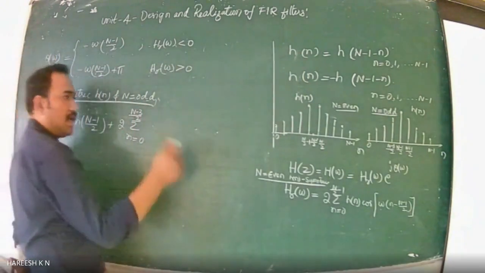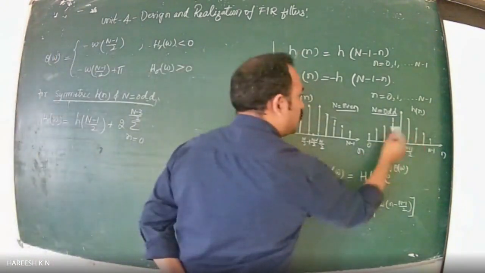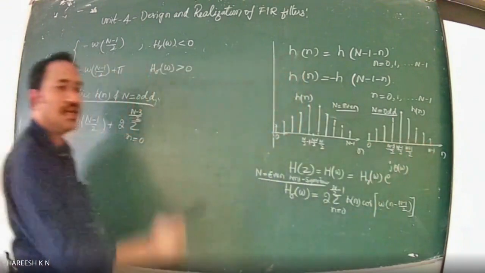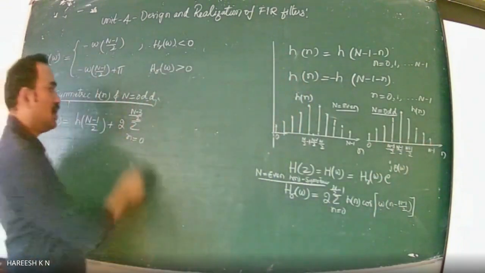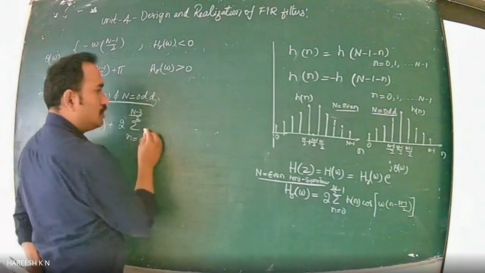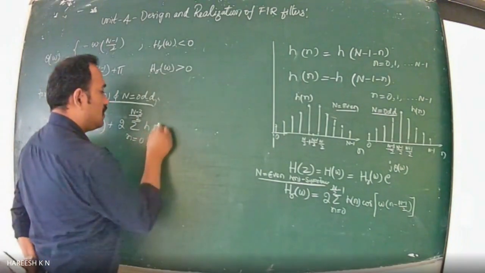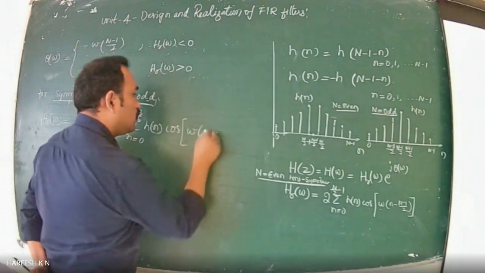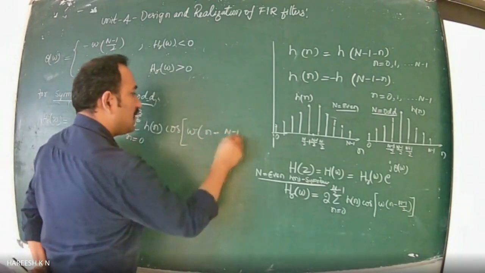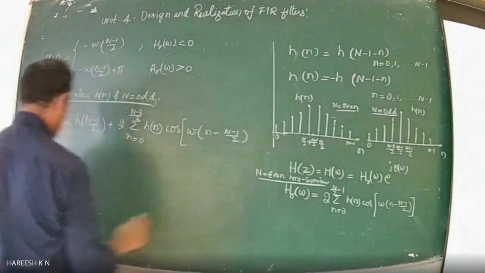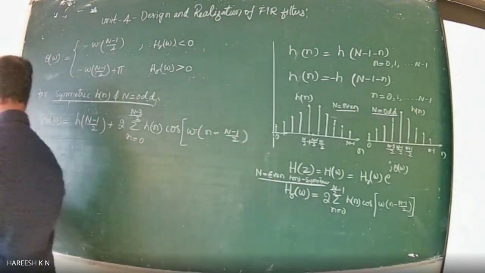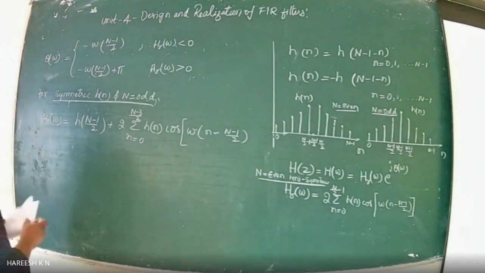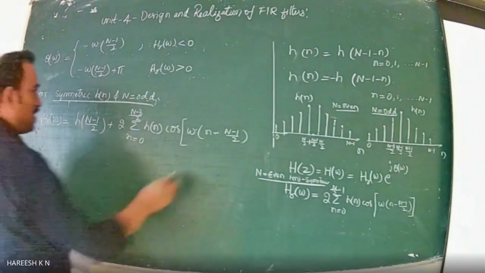Correspondingly there are two samples at the corresponding locations, therefore we write twice h of n cos of ω into (N minus 1) divided by 2. Sorry, that would be (N minus 1) divided by 2 itself.